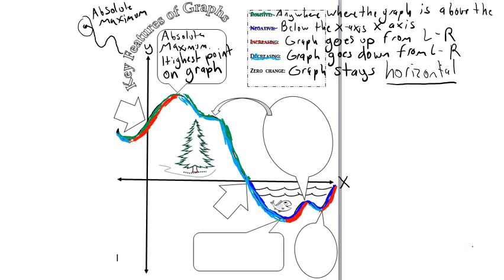But as we can see over here by where this fish is at in this little bubble, okay, right here, this point, we can see that that's a high point, right? It's like a hill. It goes up and then it goes down. And because of that, we don't call that the absolute maximum because it's not the highest point, but we will call that a relative maximum.